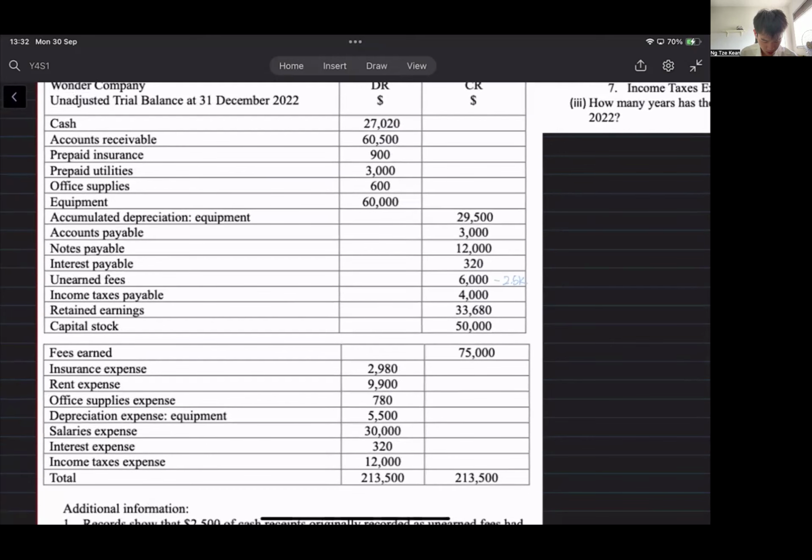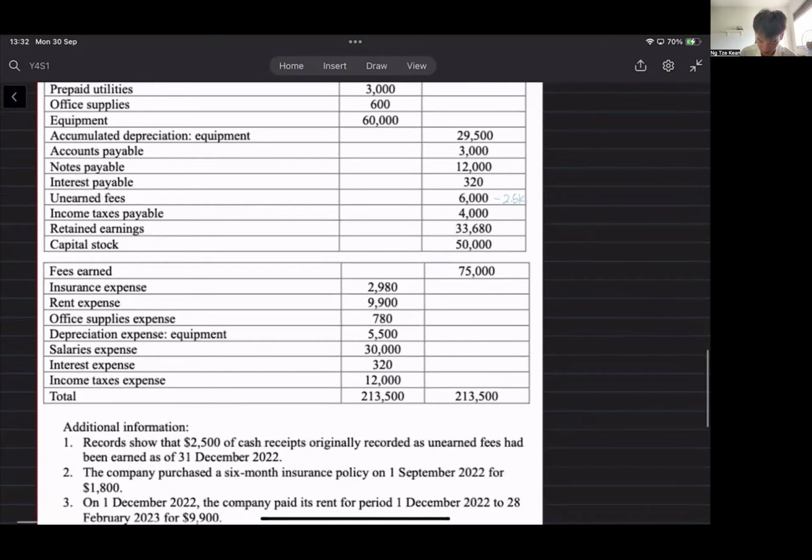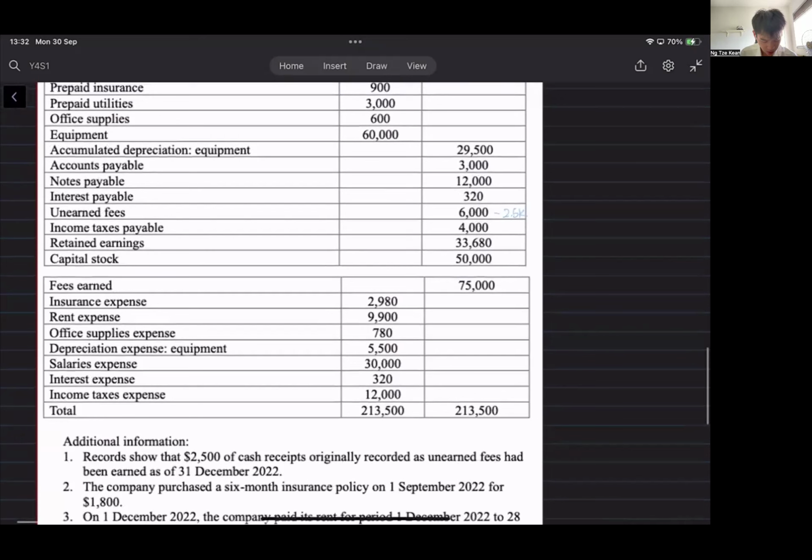which is not here in the trial balance. So that would be our first adjustment. Note that we will not be adjusting cash because cash has already been received.